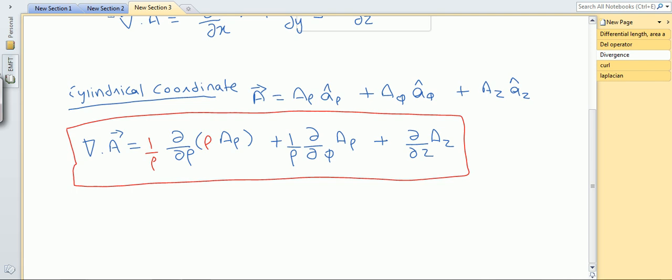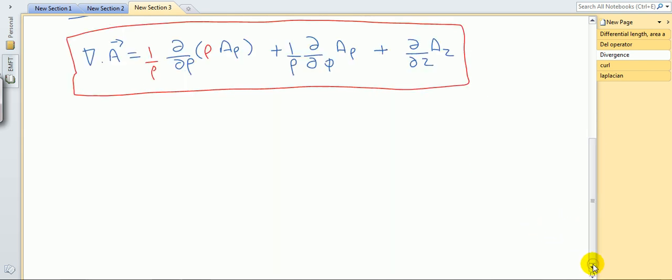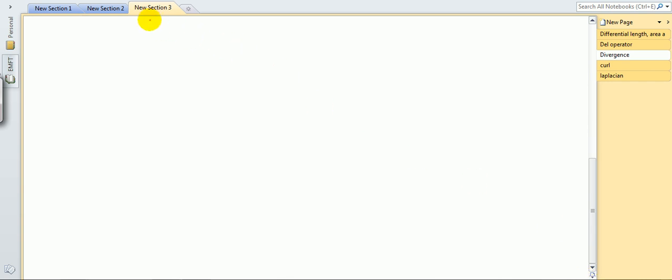Now we will see the spherical coordinate system. If I consider a vector in the spherical coordinate system, it will be ar cap plus a theta cap plus a phi cap.